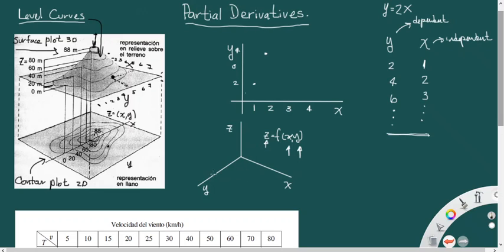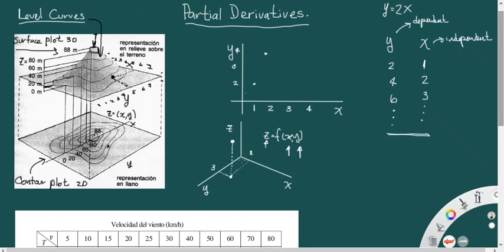Okay, so you have some value for y and some value for x. Let's say maybe this is 3, maybe this is 1, and according to the function, this is going to end up with some value of z.